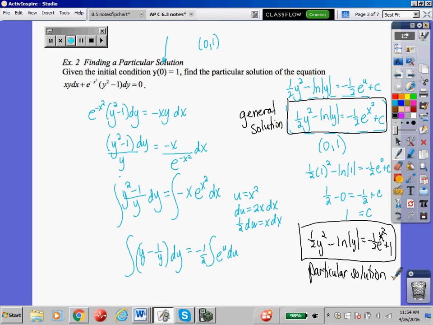You plug in the x and the y coordinate to find the c value. So there's your final answer: 1/2 y squared minus the natural log of y equals -1/2 e to the x squared plus 1. All right, questions on this one?